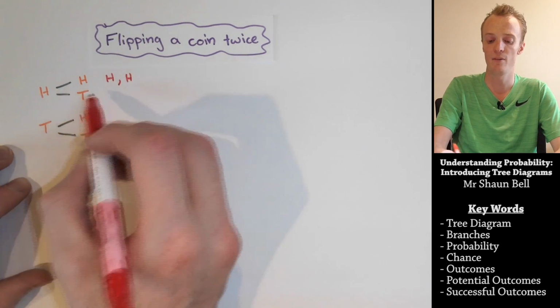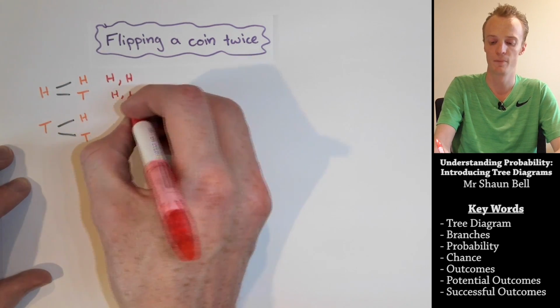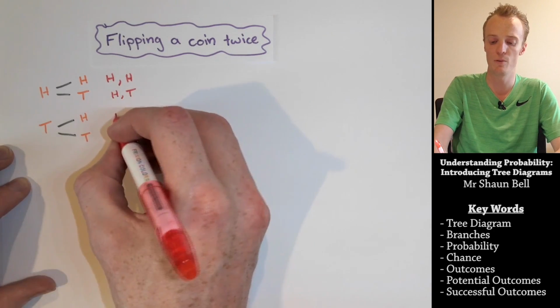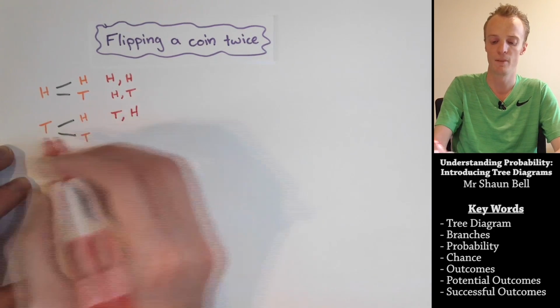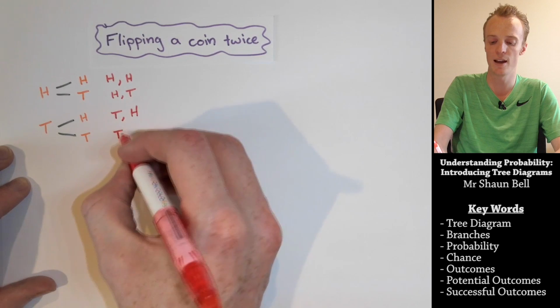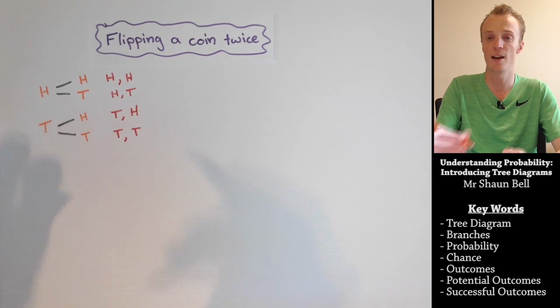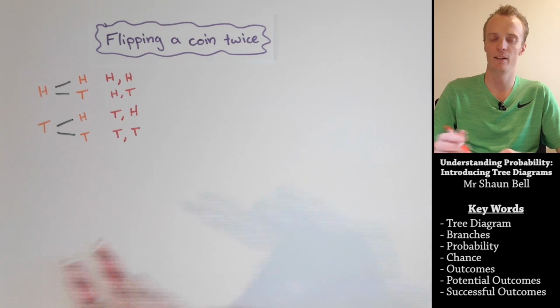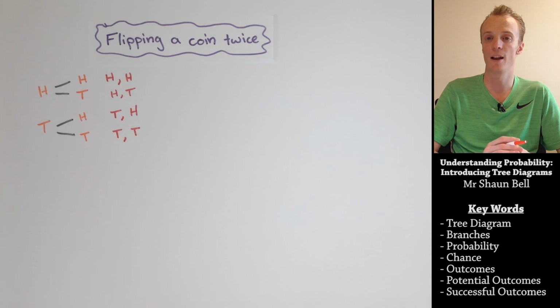Here it would be a head followed by a tail. Here a tail followed by a head, and here a tail followed by another tail. And we now have a list of all the potential outcomes we could have from flipping a coin twice.